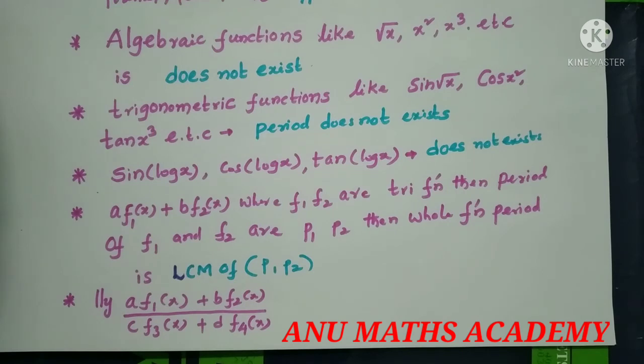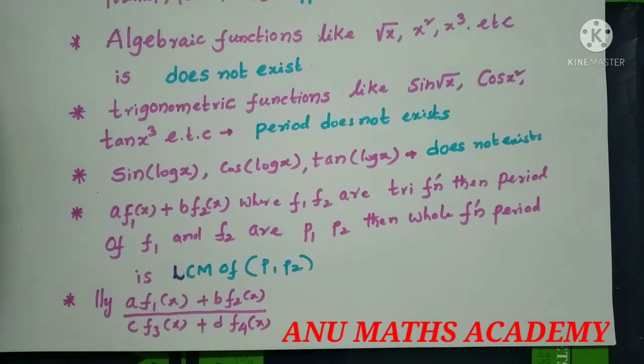Suppose the function is a into f1 of x minus b into f2 of x, either plus or minus, you should always take the LCM of the individual periods. Then we get the whole function's period.